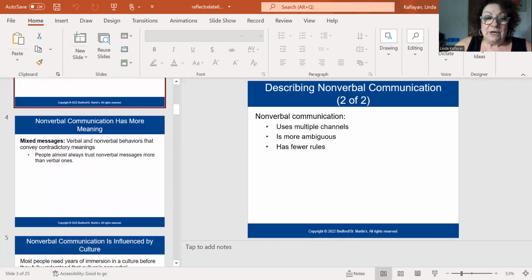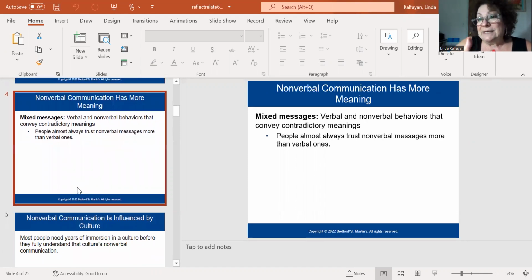When we talk about nonverbal communication, as I stated, sometimes we're getting mixed messages: verbal and nonverbal behaviors that convey contradictory meanings. So you may be asked a question in a job interview, and then your nonverbal, probably unaware to you, may move up, like your eyes going up, and that usually indicates that you're searching for an answer.